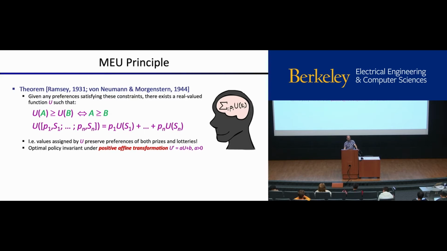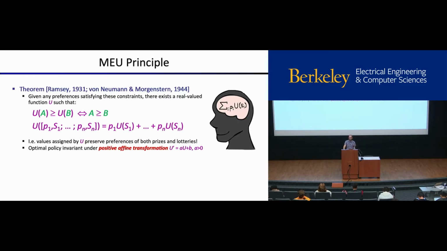In fact, there will exist infinitely many utility functions, but they'll all be related to each other. Yeah, you have to be a little careful there, but basically they will all be related to each other. And in particular, if you add a constant to a utility function, that's never going to change optimal behavior.